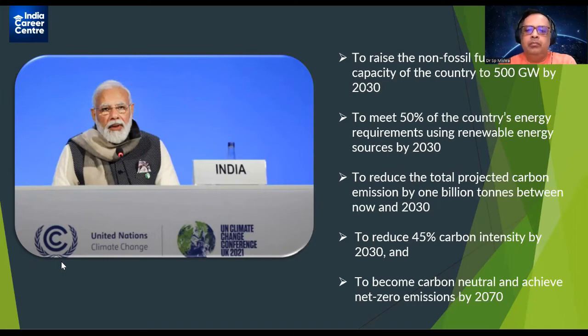Which means more investment into renewable energy, to meet 50% of the country's energy requirement using renewable energy by 2030, reduce the projected carbon emission by 1 billion tons between now and 2030, reduce 45% of carbon intensity by 2030, and to become carbon neutral and achieve net zero emission by 2070.